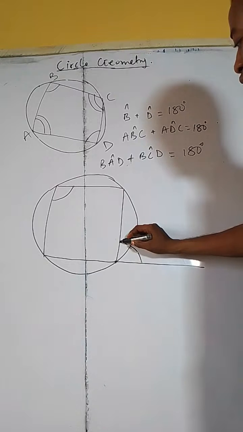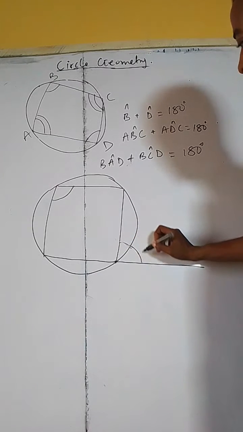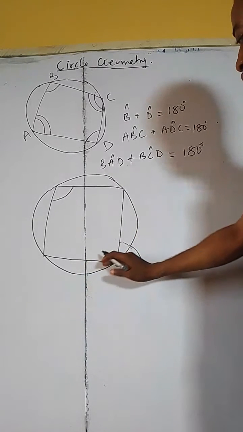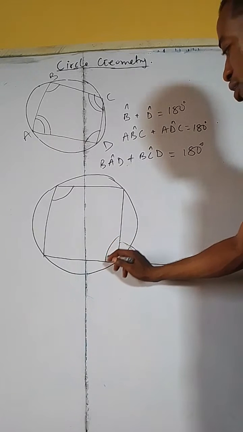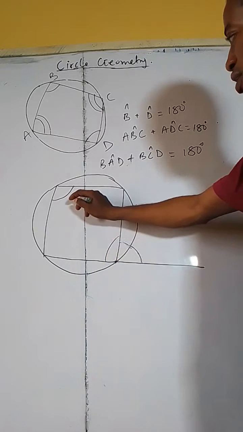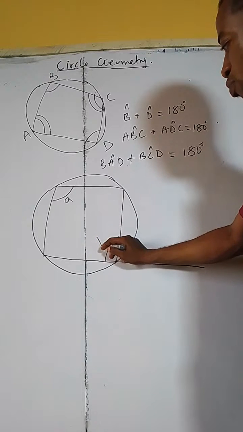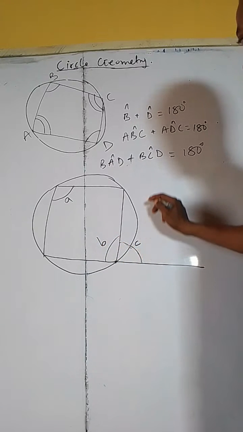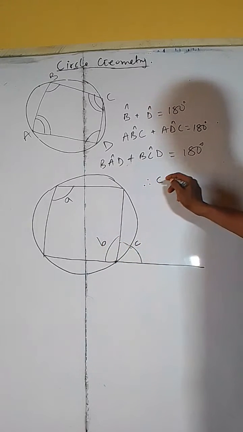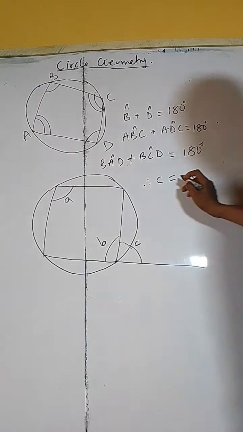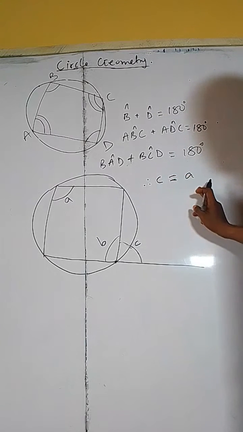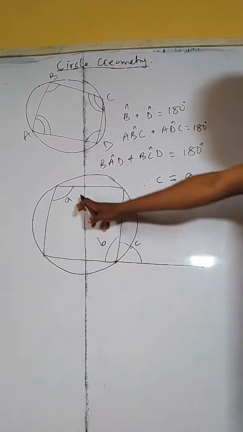Why? Because sum of angles on a straight line is 180. So this angle inside here, let's label this angle as A, this as B, and this as C. So the theorem says that angle C is equal to angle A. That's exterior angle is equal to the opposite interior angle.